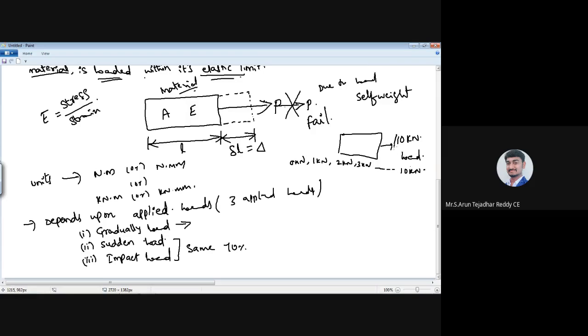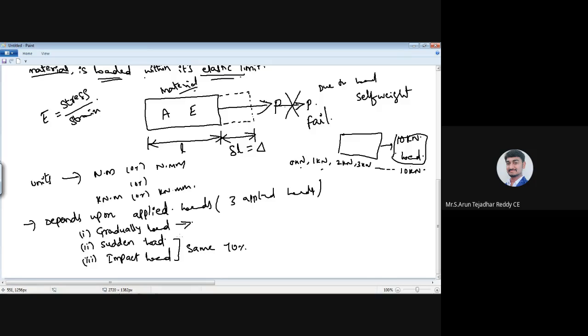Totally 10 kilonewton load is required. But how to apply that 10 kilonewton load? Gradually means apply load slowly. First it will start with 0, 1, 2, 3 up to 10 kilonewton. So that is the meaning of gradually load.